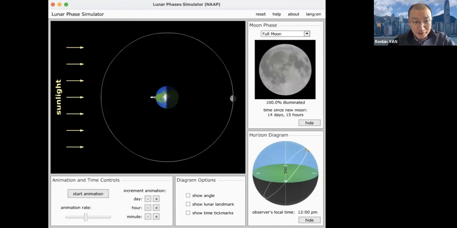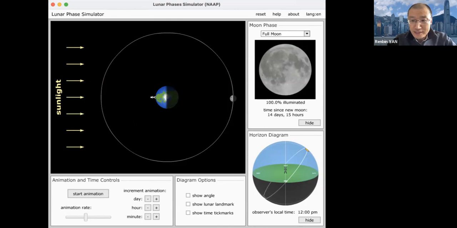When the moon passes through Earth's shadow, what do we see? Okay, most of you have got it correct. When the moon passes through Earth's shadow, we see a lunar eclipse, right? When the moon is in the Earth's shadow, sunlight cannot reach the surface of the moon, so it cannot get reflected by the moon.